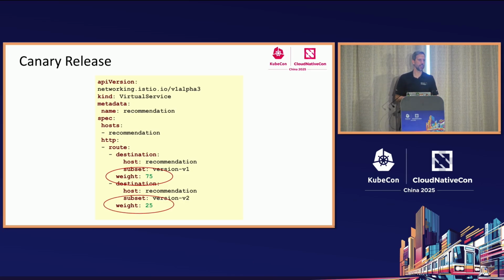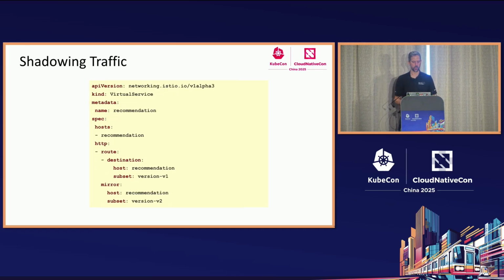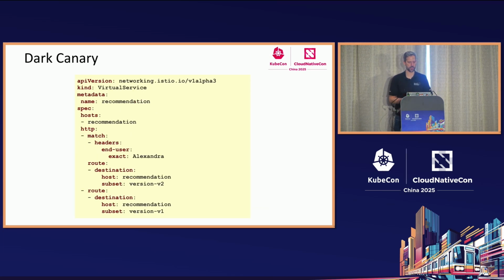And you can just update the virtual service to send traffic between the two. And you can also shadow traffic with Istio in a very similar way, where you say, here's my destination for version 1, send the users there, but also send the traffic to version 2 so we can see how it behaves under load. So that's pretty cool that you can do that with Istio.